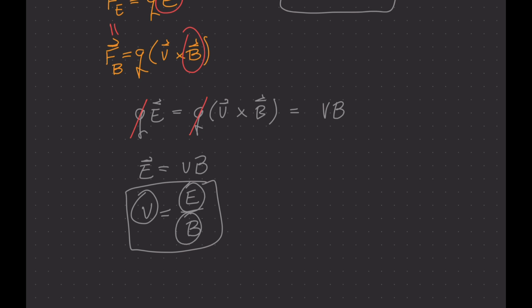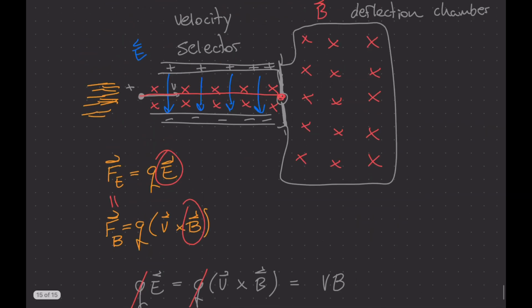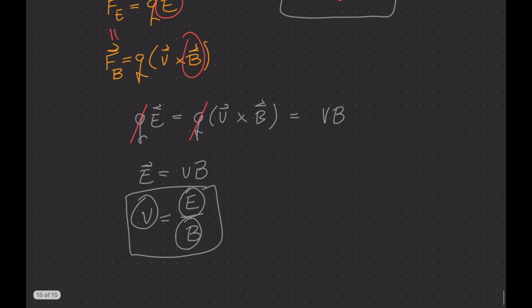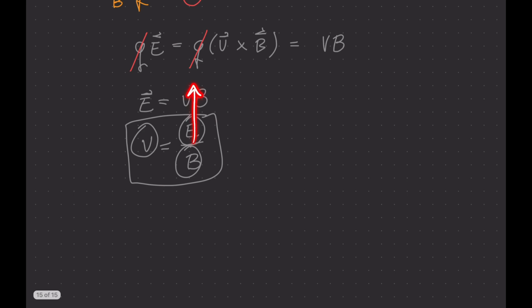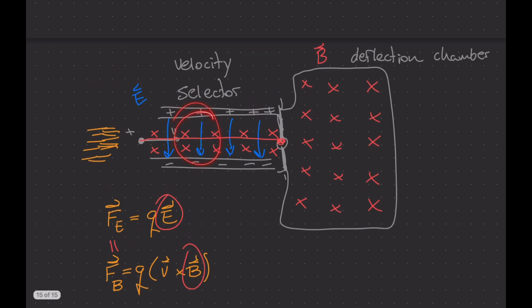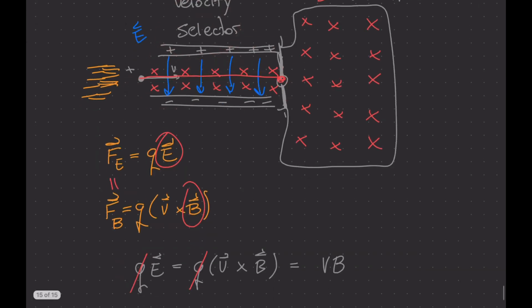So you could think about these things as like hot and cold knobs on a sink. If you want the velocity to be a little different, like a faster velocity, like basically the particles exiting here have the velocity v equal to E over B. If you want these particles to have a bigger velocity, you could just increase the electric field in this area, and the velocity selector will only allow fast charges to get out of there.